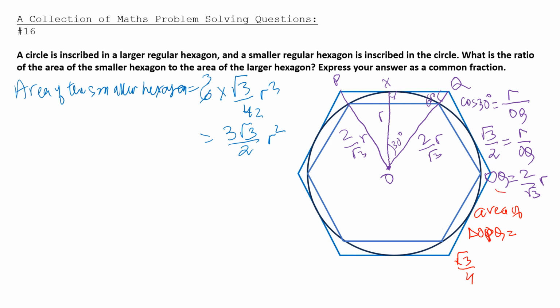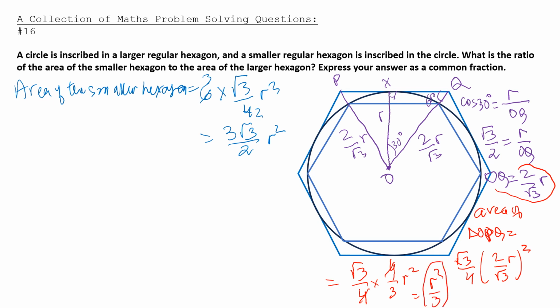So here this is the side, so the square of this is 4 out of 3 R square. So that would give me root 3 out of 4 multiplied by 4 out of 3 R square. So I am left with R square out of root 3.